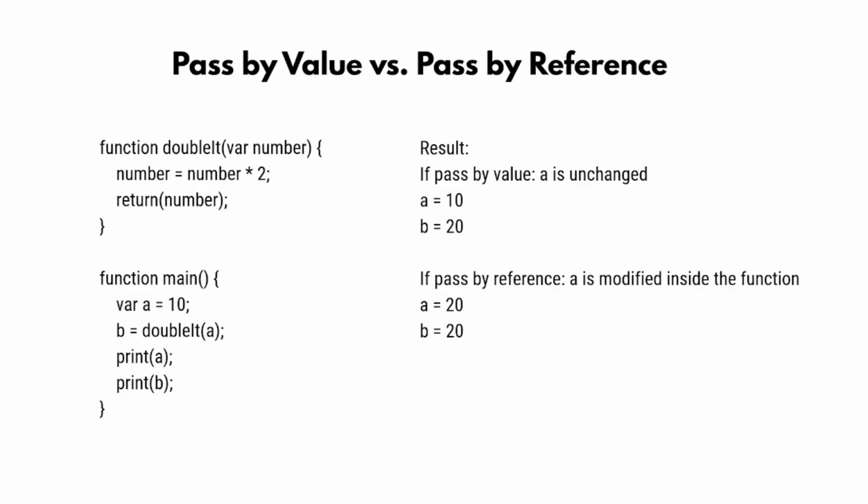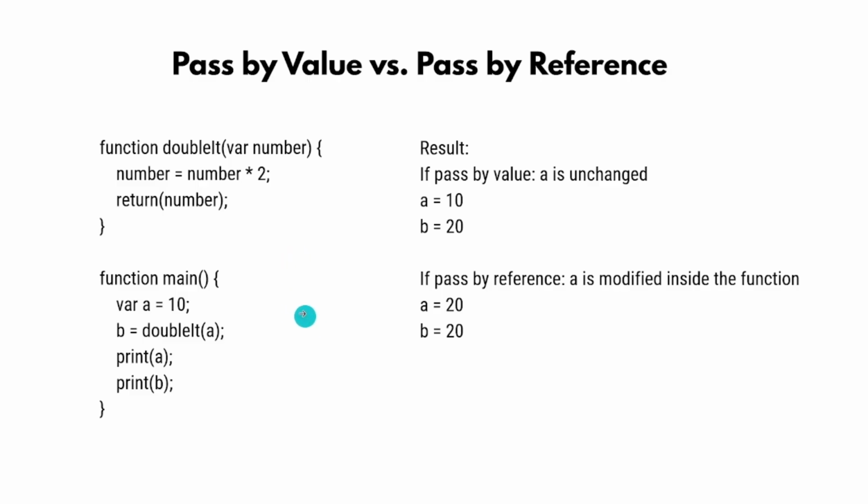So when we're doing pass by reference, it's the same memory. Now the function doesn't get a copy, but it gets the same location as a. So for example, a and number is the same memory inside the program.